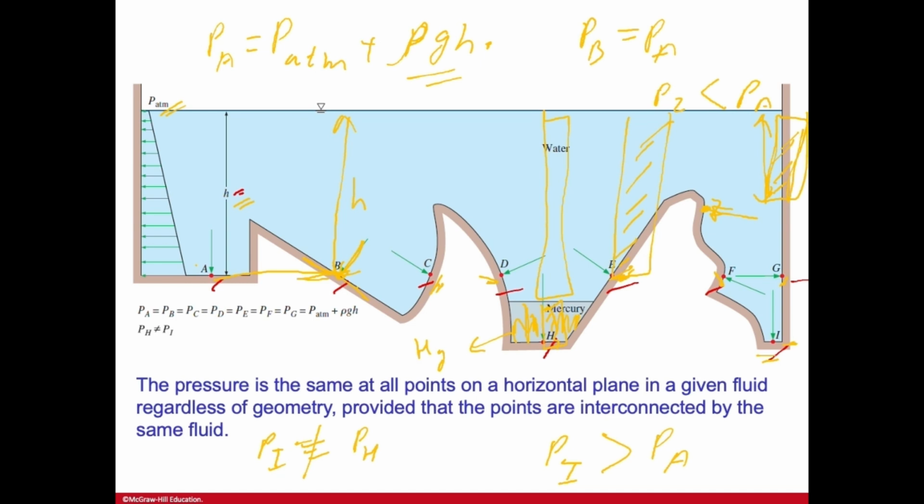Now everybody knows that the density of mercury is bigger than the density of water, hence PH is actually going to be bigger than PI. So be mindful that when it comes to pressure, it's not just the height, but the density also that it depends on. If your density changes, you have to account for it, or if you're using different liquids to compare, you have to account for that fact.